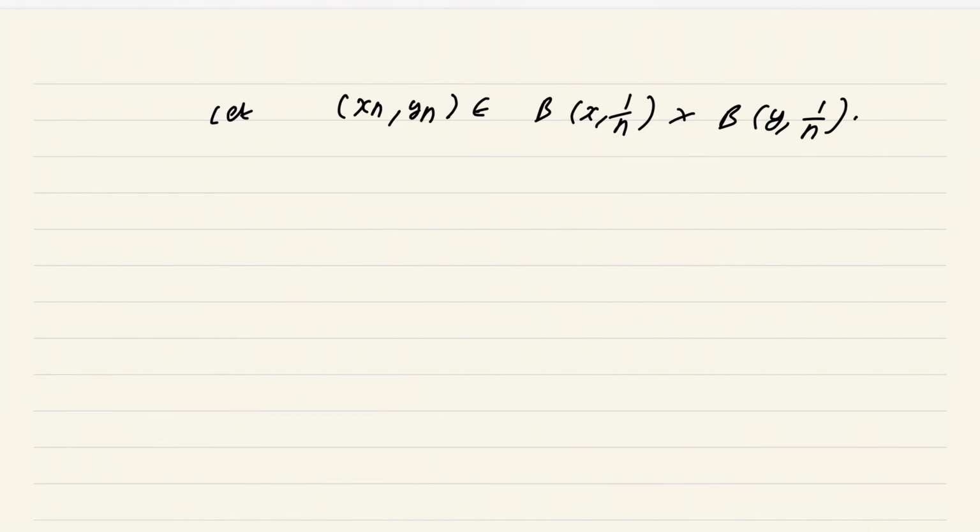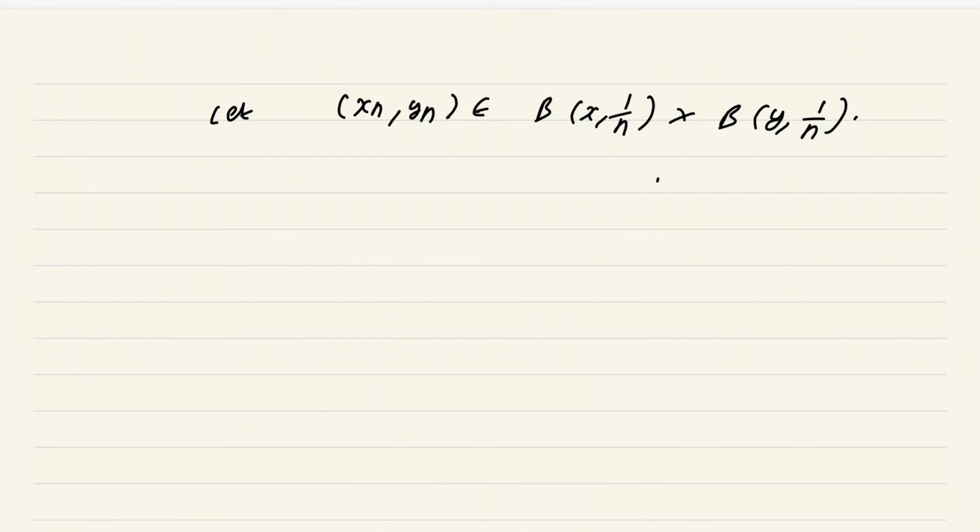So take this sequence (x_n, y_n), which is coming from the ball of radius 1/n centered at x, Cartesian product with the ball of radius 1/n in y. Now obviously x_n converges to x, and I made a slight error. Actually, it's not an error, it's more of an omission. I don't take it coming from B_x(1/n) cross B_y(1/n).